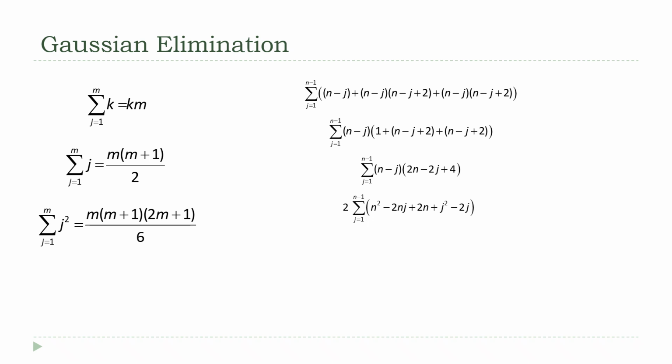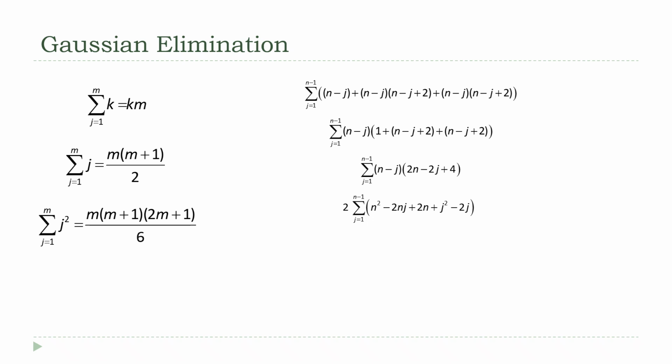Okay, now I'm going to do two things. First, I'm going to factor a 2 out of that second parentheses. That's where the 2 out in front comes from. And then I'm going to multiply the whole thing out. This becomes n squared minus 2nj plus 2n plus j squared minus 2j. Now, the key thing to notice here is that j is the summing variable. n is a constant. n is the size of the system of linear equations, and we know that up front.